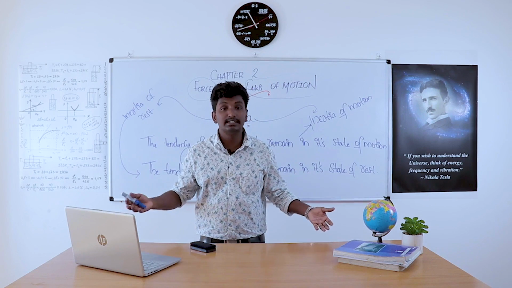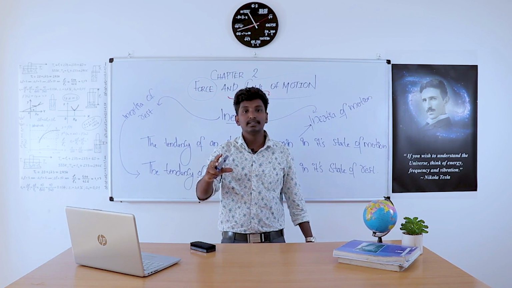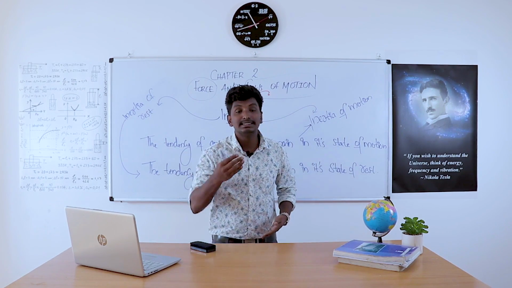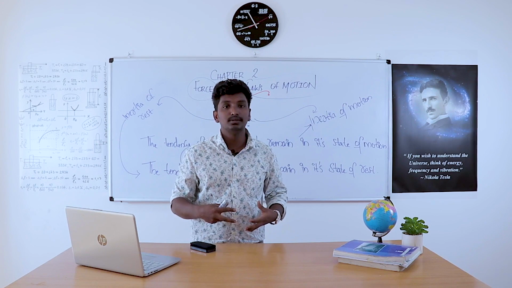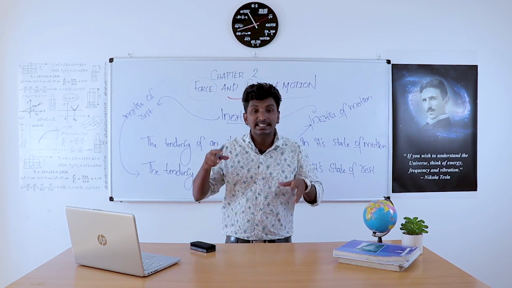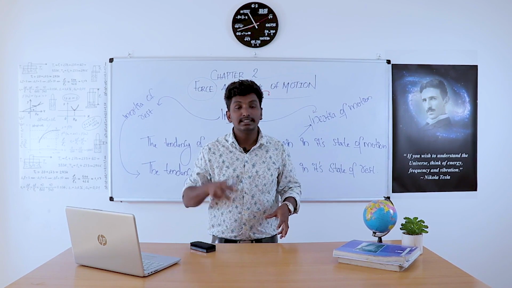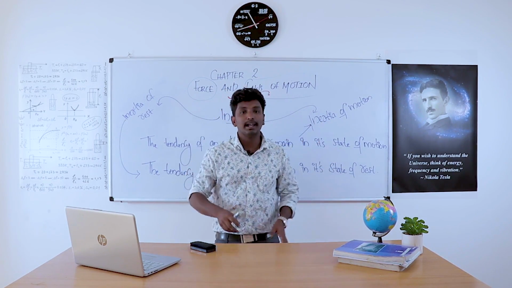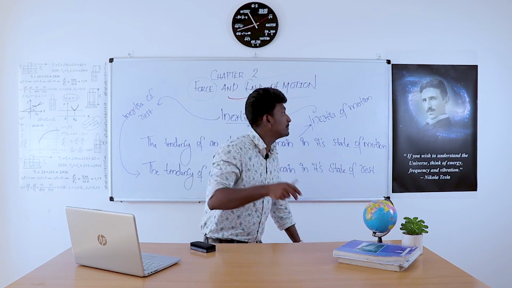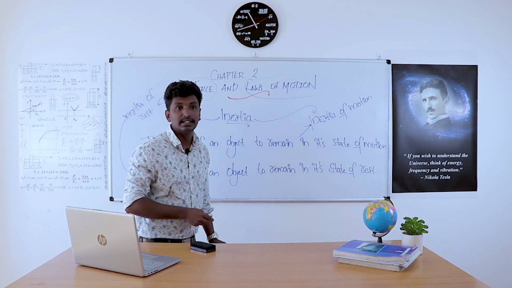But when the bus suddenly moves forward, it changes to the state of motion. But we have the tendency to continue in the state of rest. That's why when the bus moves forward, we lean backward. That's two examples of inertia of motion and inertia of rest.